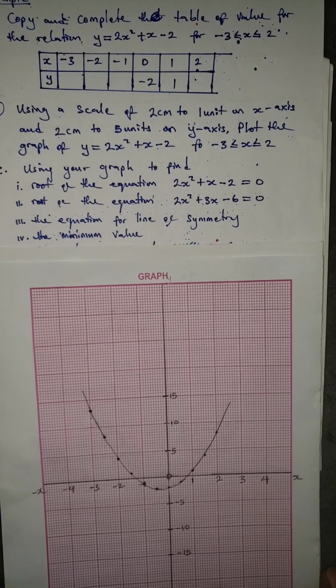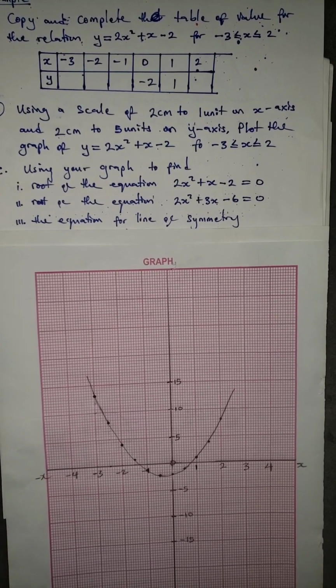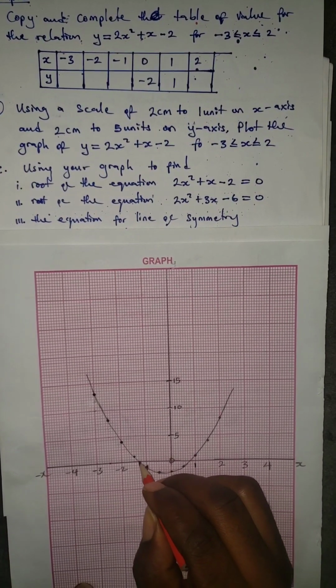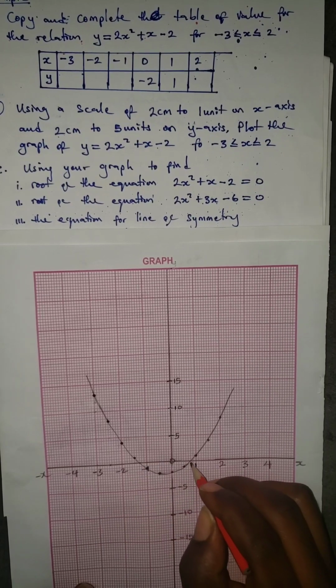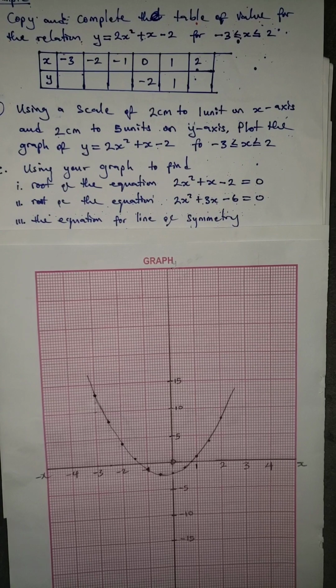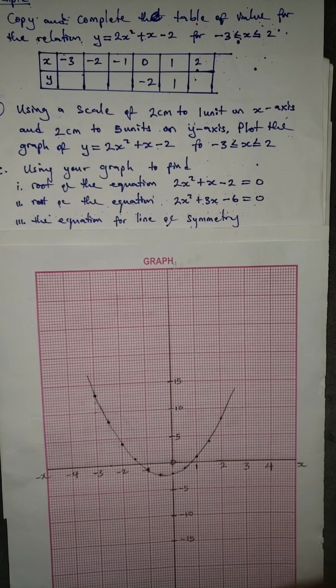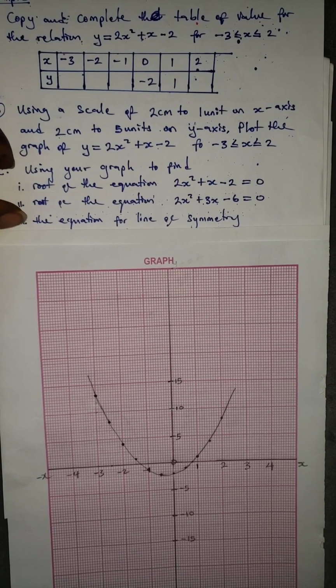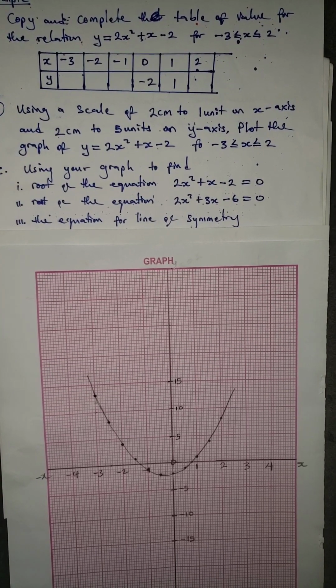When you look at this curve very well, you will notice that at this point and at this point is where our roots of the equation are. I don't want to write on the graph so that I can have space to find all these other equations.